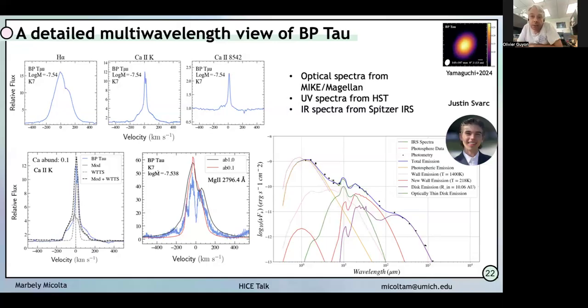At what spatial scale do you expect this velocity to be? What if you could actually spatially resolve the line, so you could get the line at different locations in the image? That will be very interesting, actually.